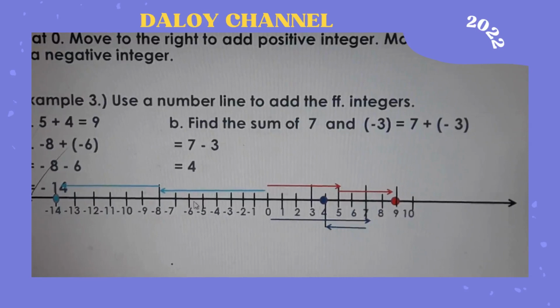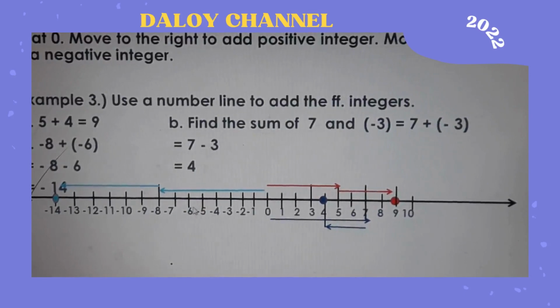Okay, letter C. You're required to add negative 8 plus negative 6. Multiplying negative sign to positive, it becomes negative. So negative 8, negative 6, meaning you are required to add them. Since they are like signs, the answer is equal to negative 14.